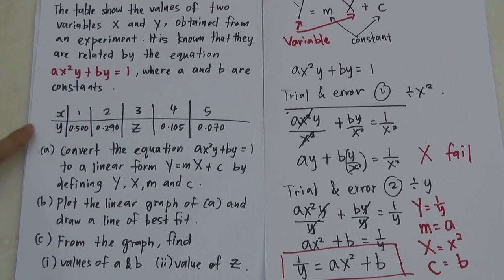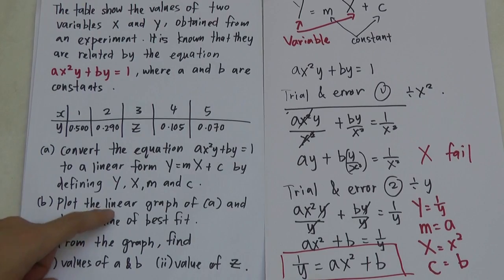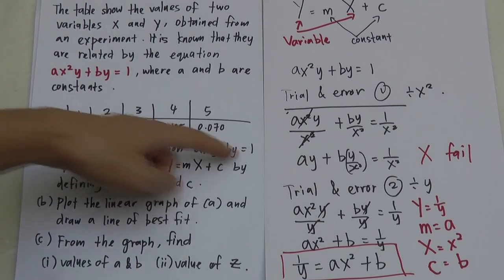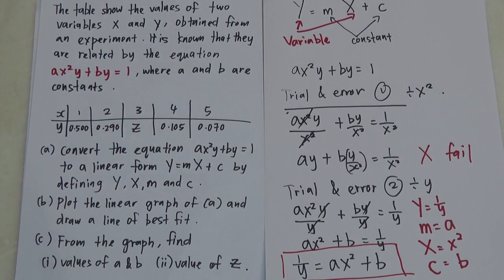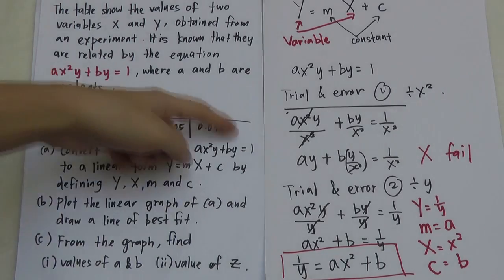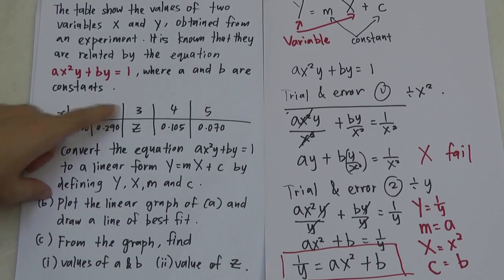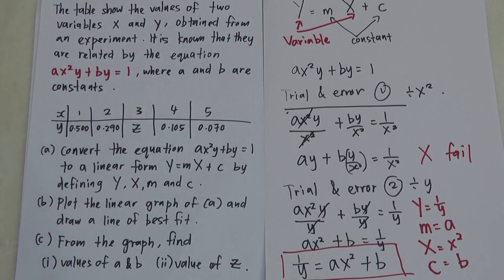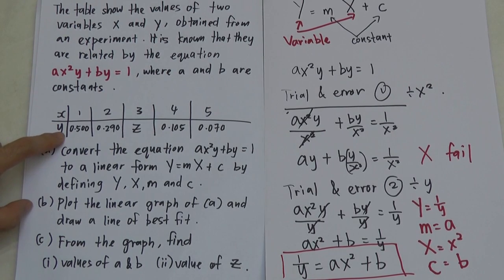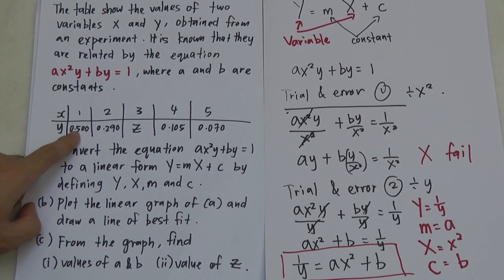Then part b, he asks you to plot the linear graph of a and draw the line of best fit. So now you're going to draw the linear graph. What I need to do for the table is, I know now my x will become x squared. So I have to square all the values, becoming 1 square, 2 square, 3 square, 4 square, 5 square. And then my vertical axis will now become 1 over y.